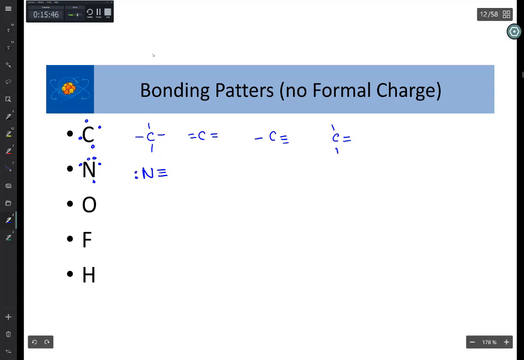And then I could also have a double bond, a single bond, and a lone pair. You could also have 3 single bonds, which is really where I wanted to start, but I let you guys do it. Any other combinations? This isn't unique; it's just a rearrangement of that middle one, so that's why I don't draw it.